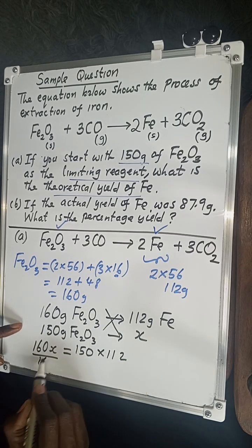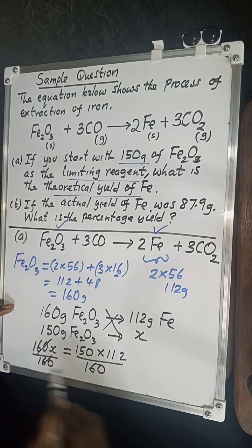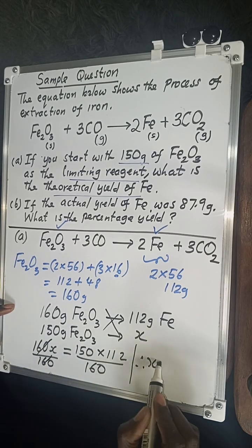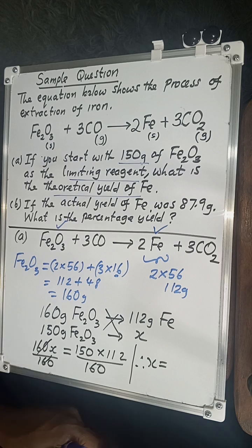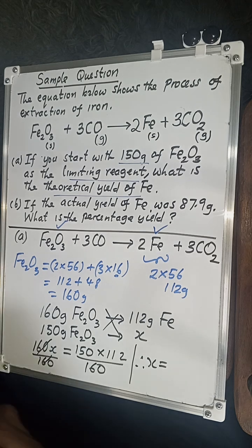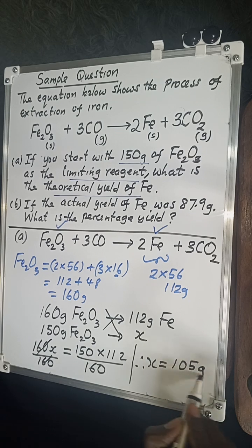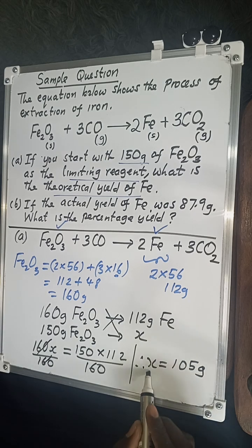To find x, I divide by 160. What I do on this side, I do on the other side. On your calculator, 150 multiplied by 112, then divide by 160. I'm simply getting 105, so I have 105 grams of iron.